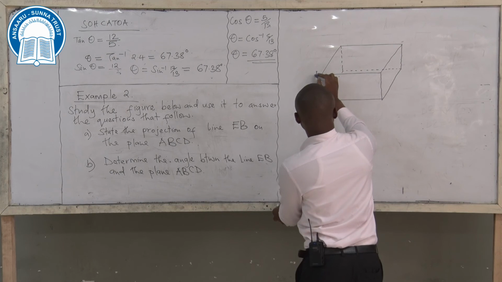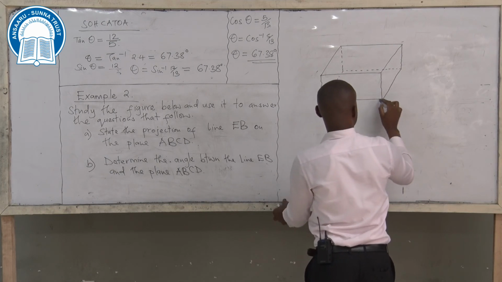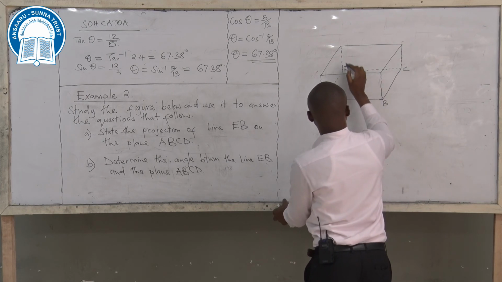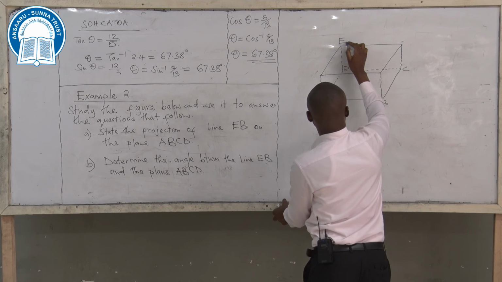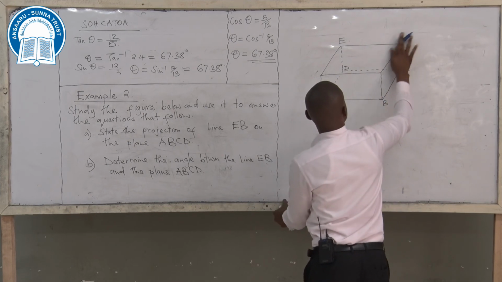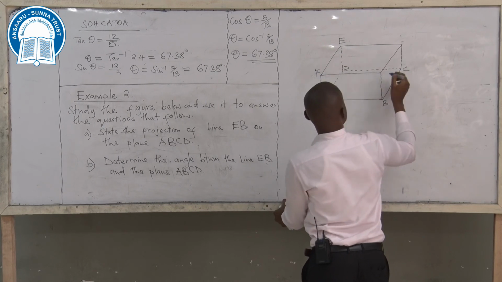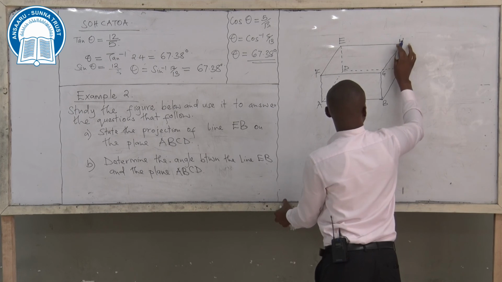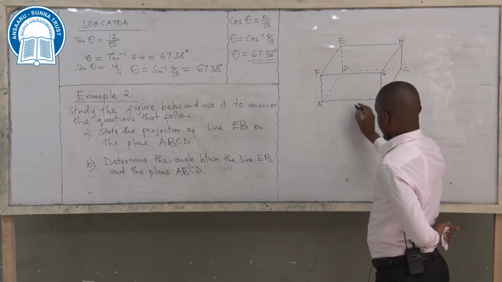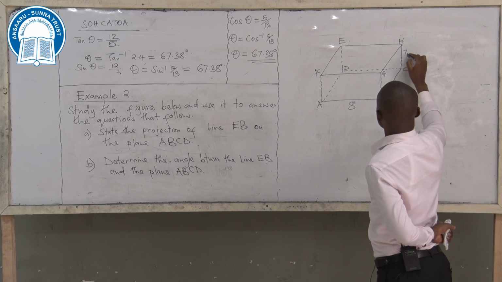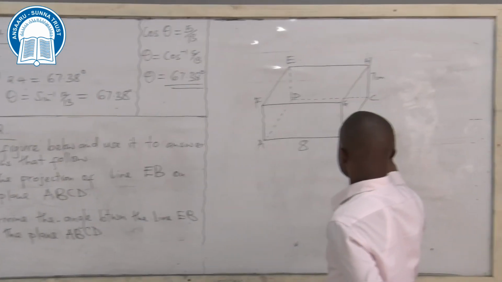So this is A, this is B, this is C, this is D, that is E, F is here, this is G, H. This is 8 as usual, this is 6, this is 7 centimeters.